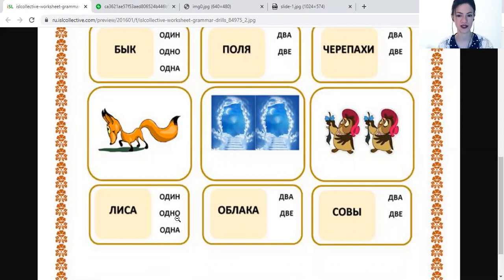And сова, nominative singular, finishes with a. So here you need to choose две. Две совы. Yeah?